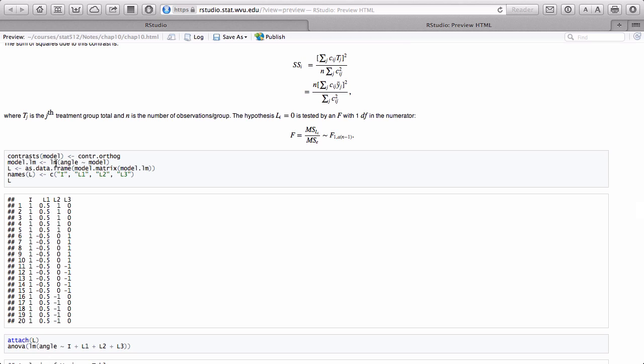So I say contrasts of model gets that matrix. And then I fit the model, lm of the response tilde model. And when I do that, it's going to use that orthogonal contrast matrix that I've just defined.